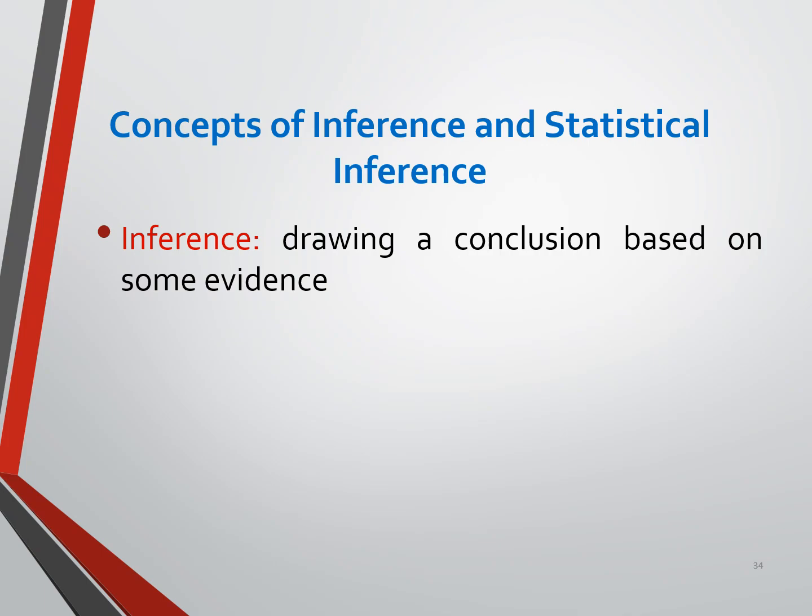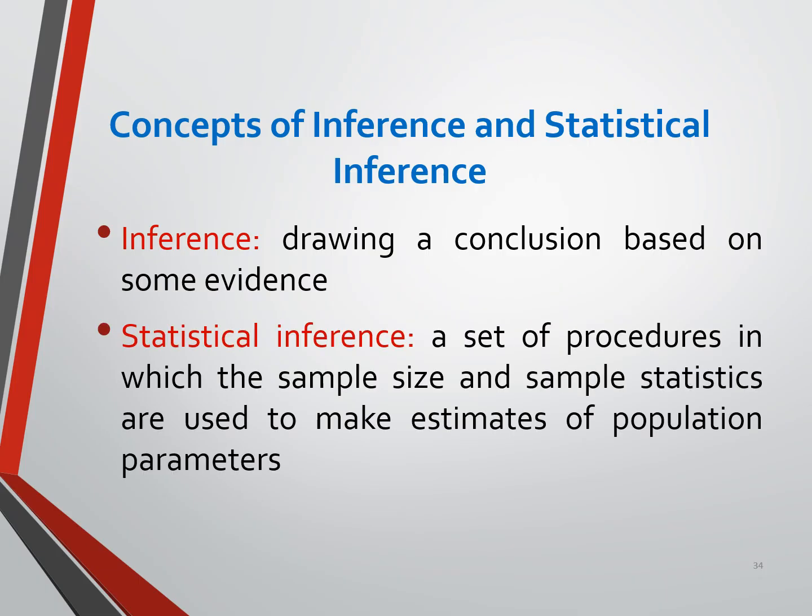Inferences mean that based on the evidence received by us, we draw the conclusion for the same. Statistical inference is a set of procedures in which the sample size and sample statistics are used to make estimates of the population parameters.